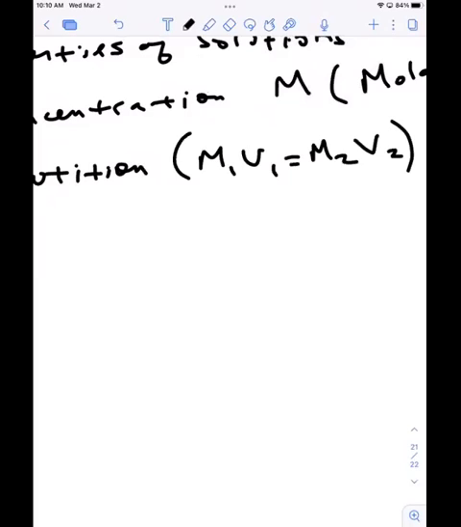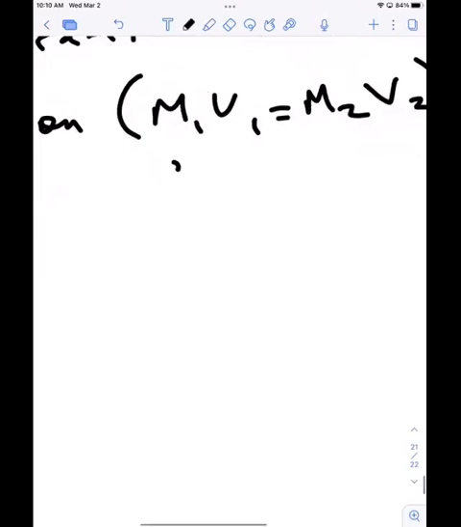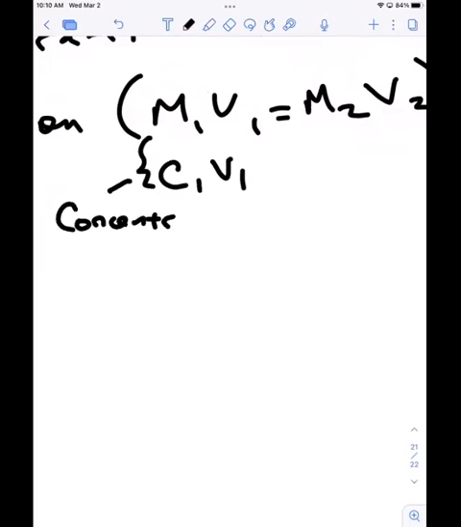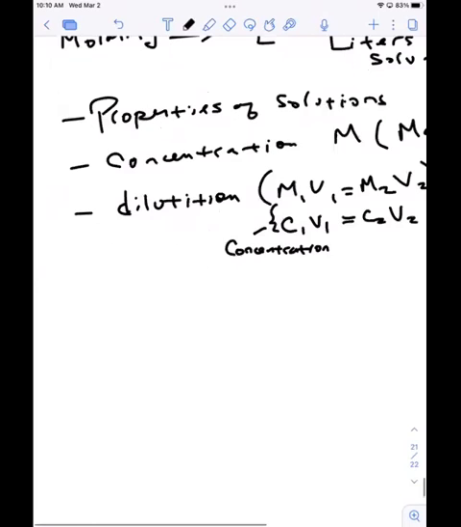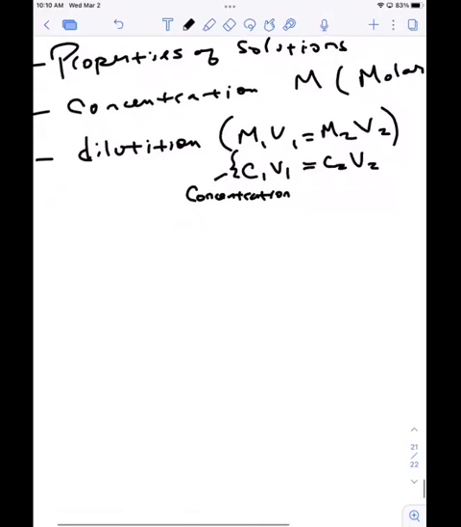Right, you've probably seen this equation before, M1V1 equals M2V2. In the book, it may have C1V1, but M and C both represent concentration. Right, so C1V1 equals C2V2. Right, so we're going to talk about that.